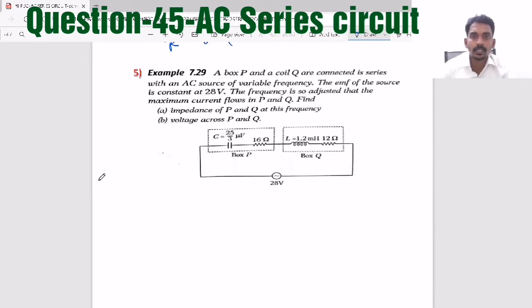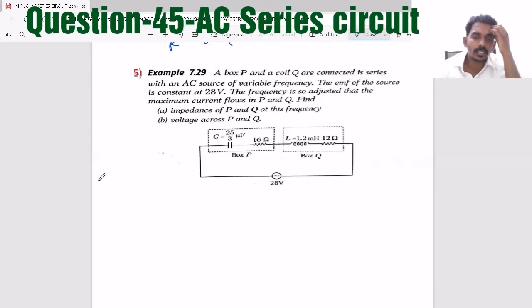Now one last and final question. A box P and a coil Q are connected in series with an AC source of variable frequency. The EMF of the source is constant at 28 volt.